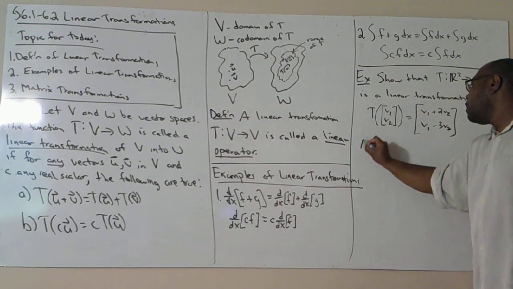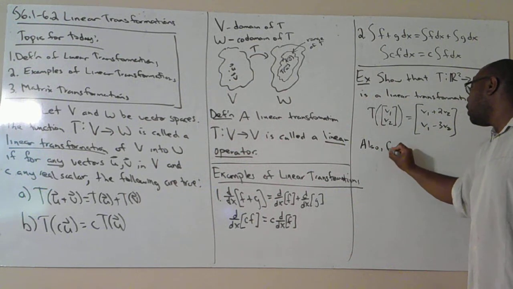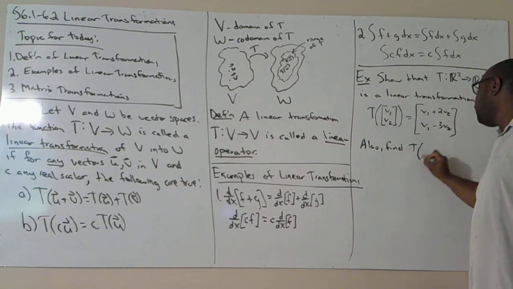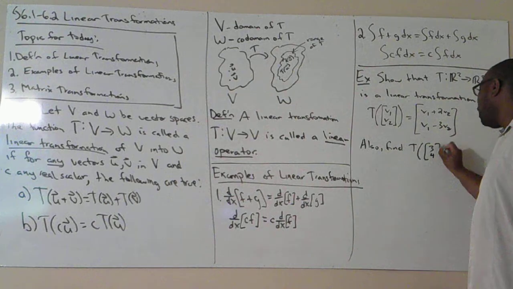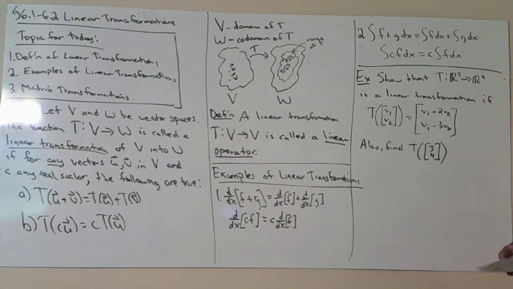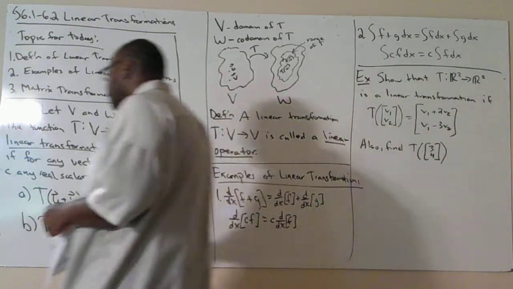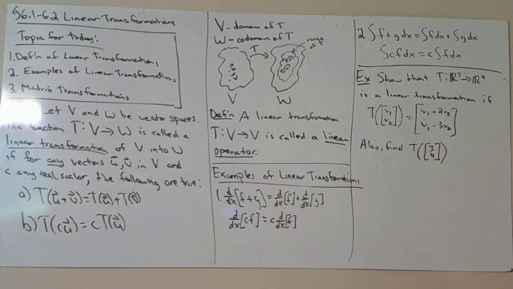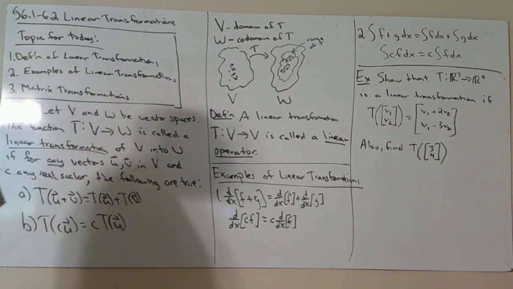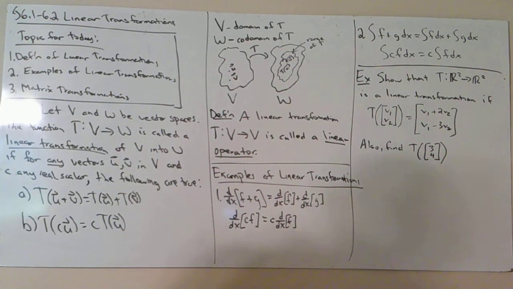And also find T of (3, 4). We're going to find T of (3, 4) first, so we know how this works. I want to show that T is a linear transformation from R2 to R2. It's actually a linear operator, because we go from R2 back to R2.